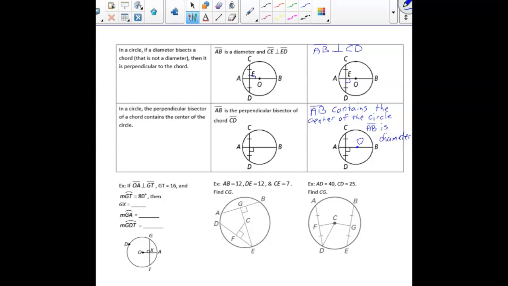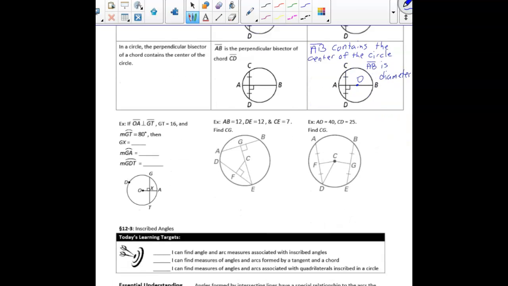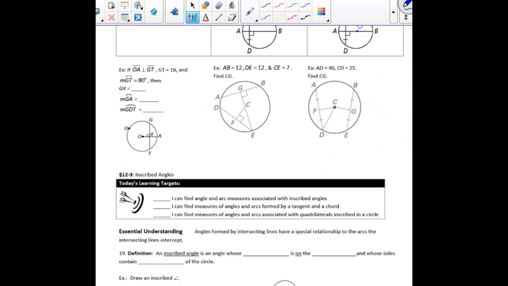So let's go through some examples quickly. If OA is perpendicular to GT, and GT is 16, that means it bisects it. Therefore, GX is going to be 8. The arc GT, the entire thing, is 80 degrees.